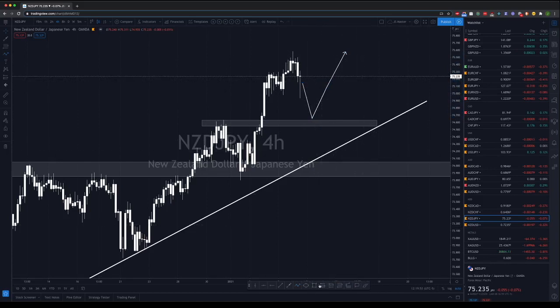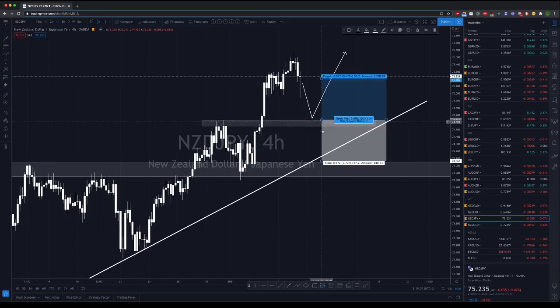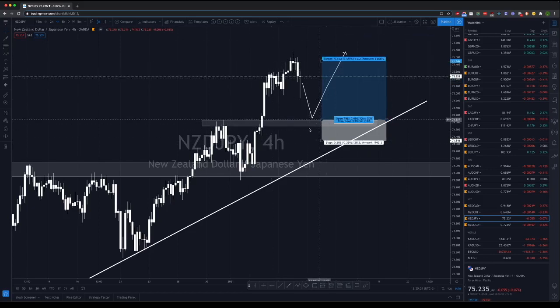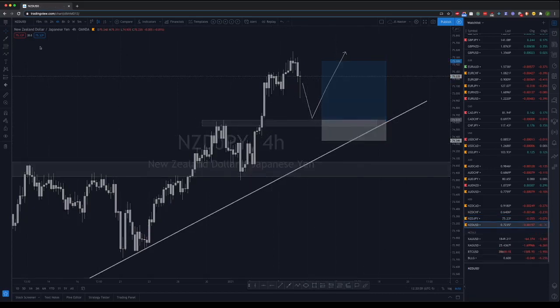So I'll just be keeping an eye on this for this week, if I manage to get an entry. Something like this. Again, we'll have to see how price interacts with this level and if we get the rejection that we're looking for. So I'll just keep an eye on it.